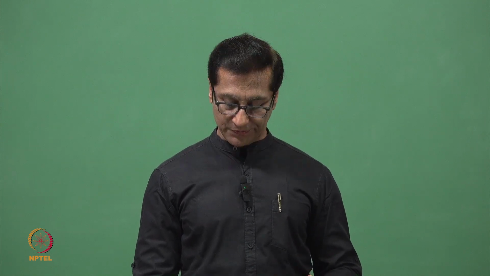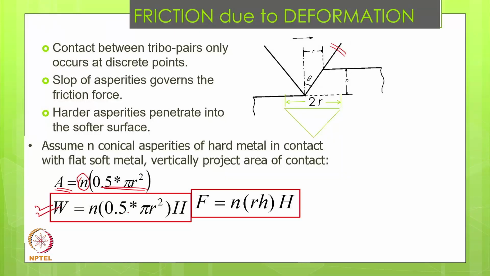Now, if we calculate the normal load, we know it is area into hardness. Similarly, the friction force is the projected area, r squared times h of each asperity, into the number of asperities, into hardness.